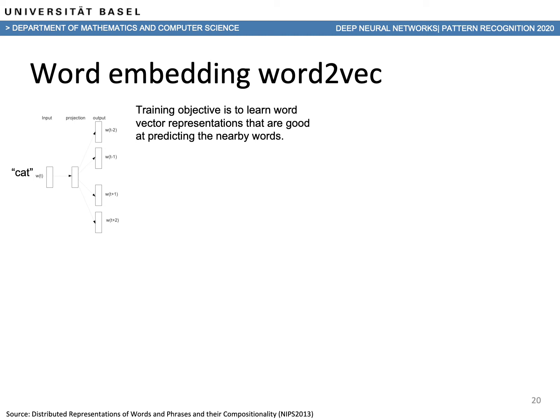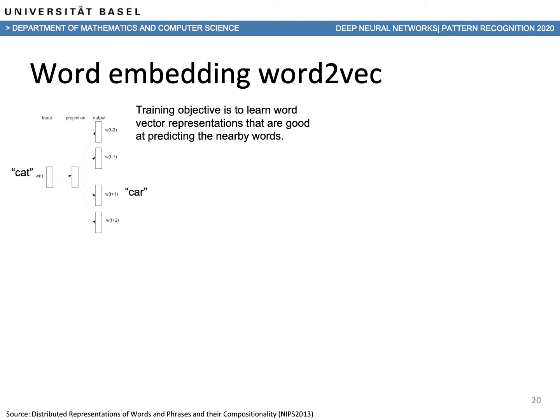So for instance, if you have a word cat, then we want to look at, in our whole training data set, how far the word car is from cat in all the different sentences that we're looking at.